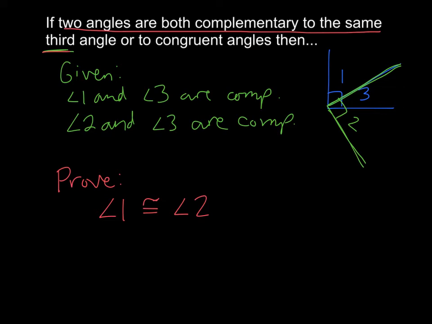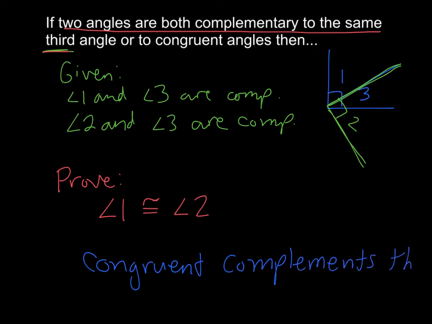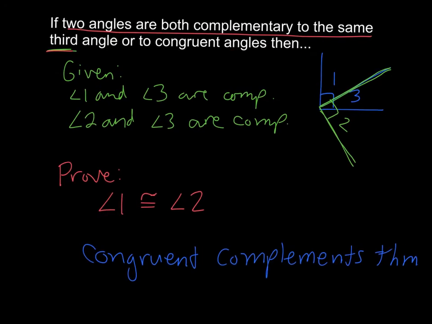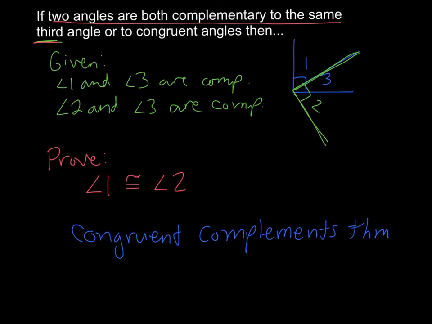I call this theorem the congruent complements theorem. I'll do THM for short. And this is one that's a generally accepted name. I know that different textbooks can have different names, but a lot of people agree on the congruent complements theorem.